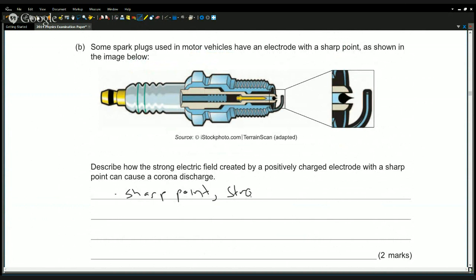Strong electric field at that point near. So you essentially attract and charge molecules.